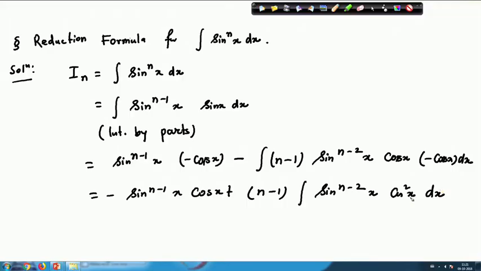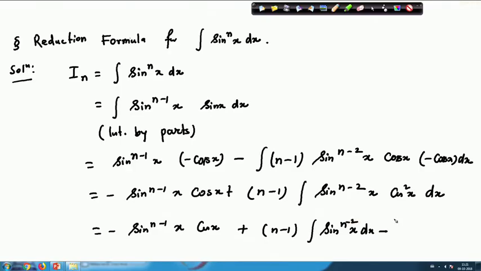And we can write cos square x as 1 minus sin square x, and therefore this will reduce to minus sin n minus 1 x times cos x plus (n minus 1) times the integral of sin n minus 2 x dx, minus (n minus 1) times the integral of sin whole to the power n x dx.